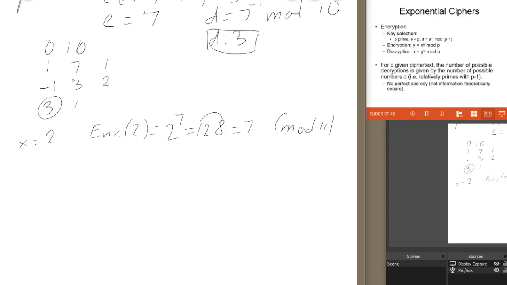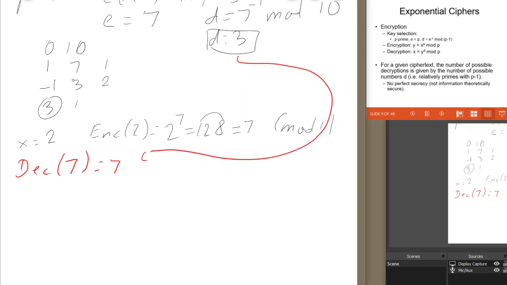And decryption of 7 is going to be equal to 7 at power the exponent for decryption, which is 3.